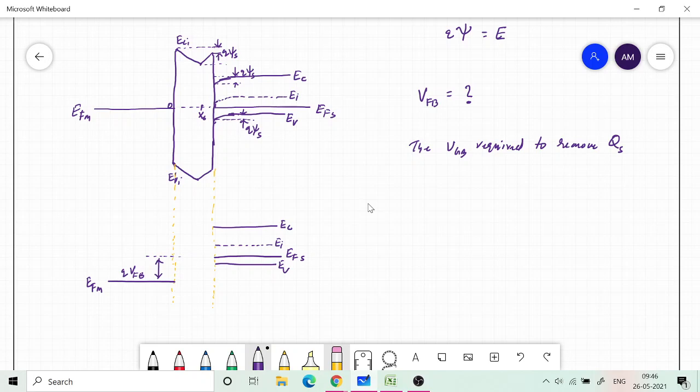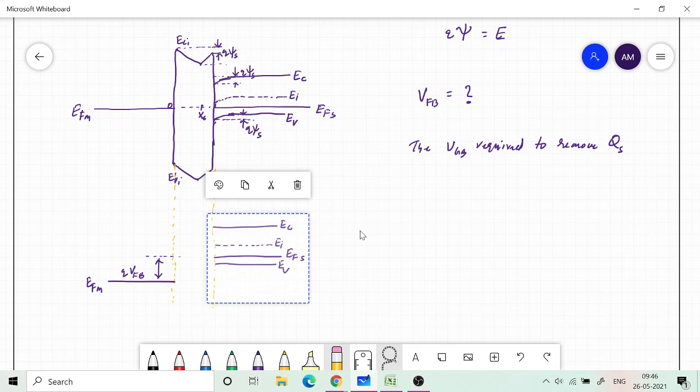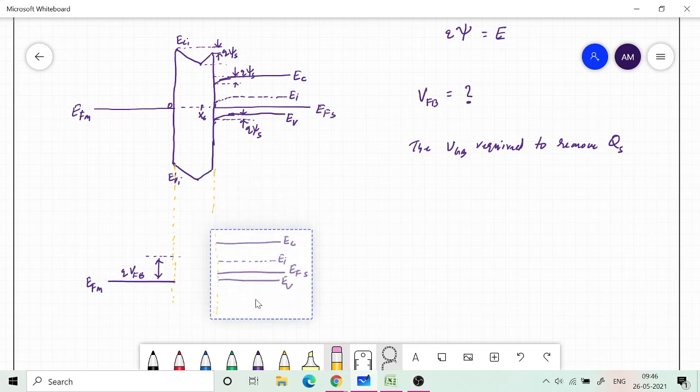And if you are applying a negative voltage on the gate, then you are going to shift the energy upward, because of Q phi is equal to E. So I need to correct this. So what I am going to do is shift this downward.